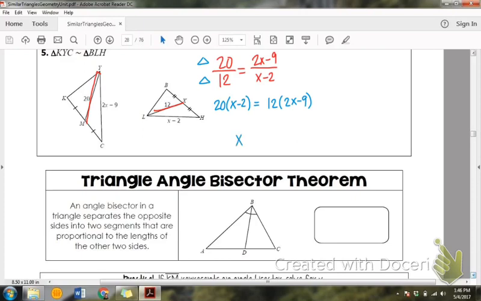What are we getting x to be? 17? I think it's 17. I'll come back and help you figure it out in just a minute if you want. An algebra mistake, yeah, it happens. Okay. Do we get 17?